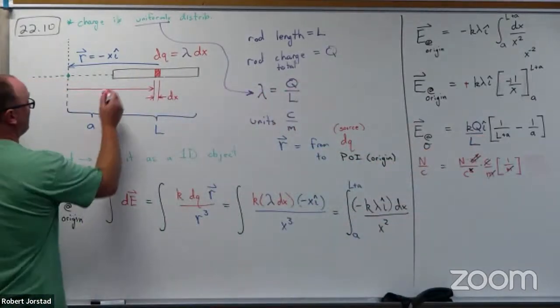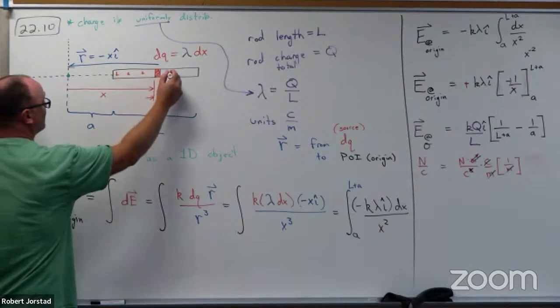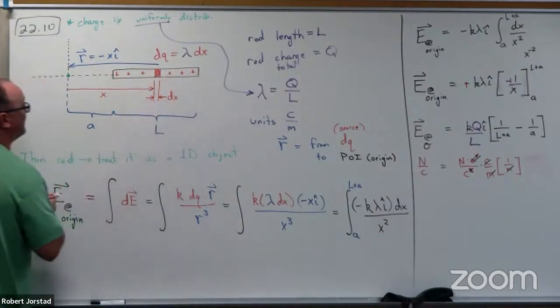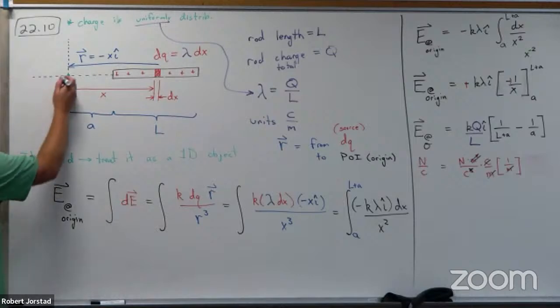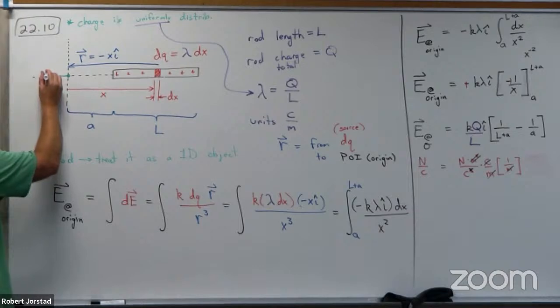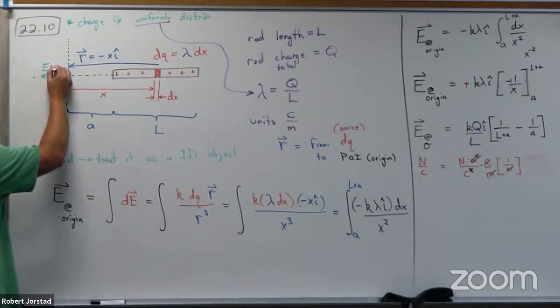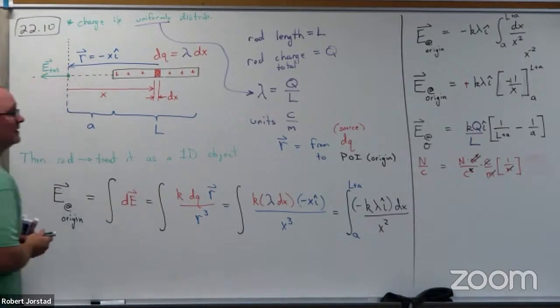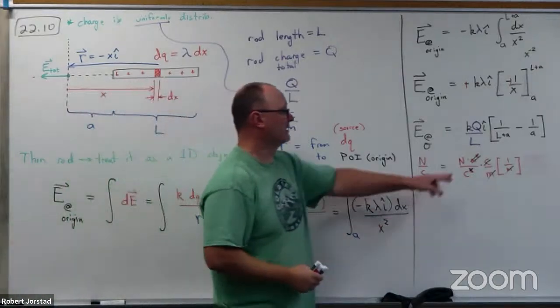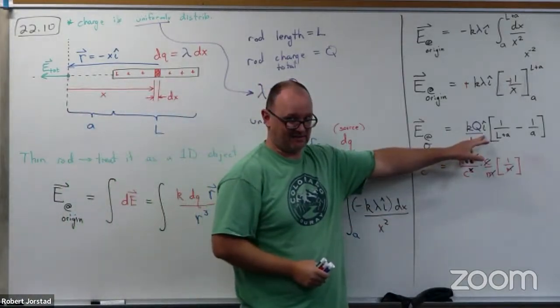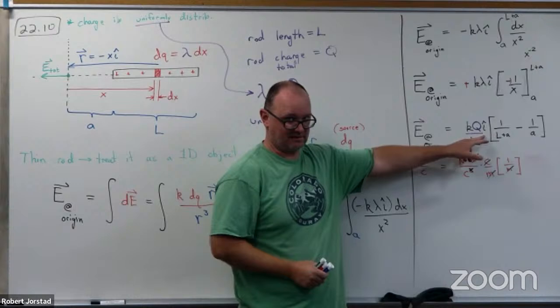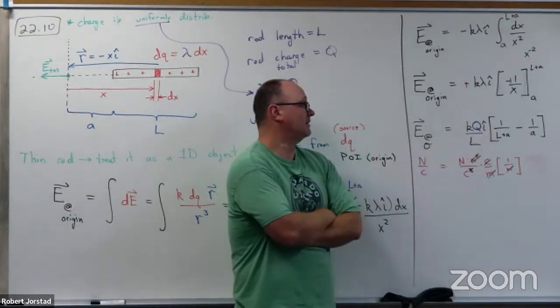If this is a bunch of positive charges, and I put a plus charge here, it should be pushed away. And yet, over here, we see a positive I hat. Is that a problem?